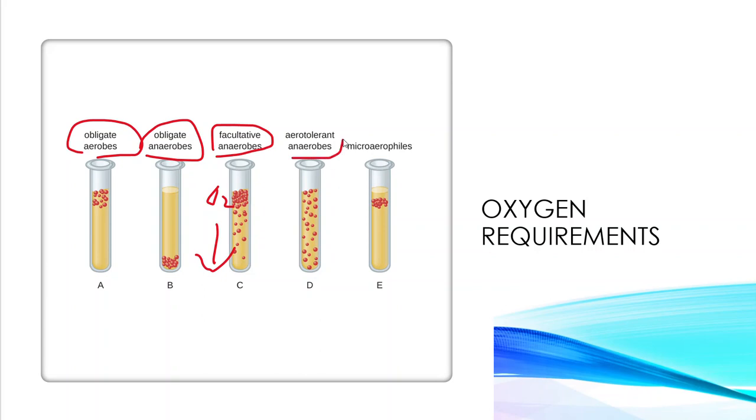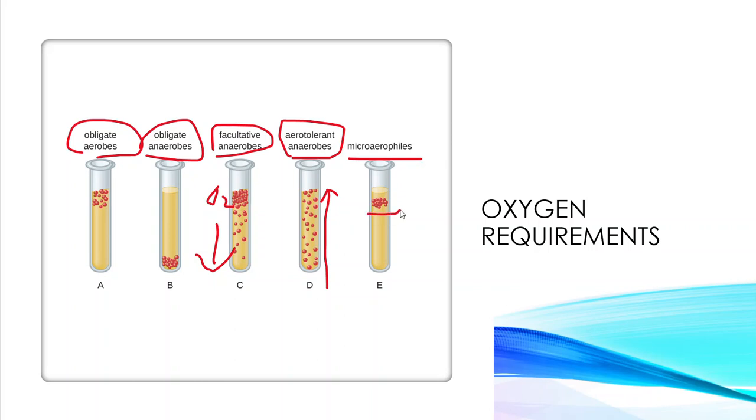These guys are aerotolerant anaerobes, so they prefer not to have oxygen, but if it's present, they can tolerate it to a certain degree. So in a sense, these two guys are opposite. These guys prefer to be aerobic, but they can do without. These guys prefer to be anaerobic, but they can be okay with it.